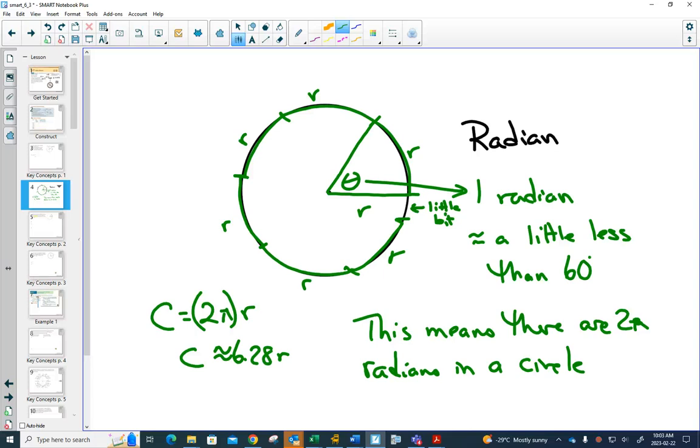Does that make sense? If I can measure 6.28 radiuses around the edge of the circle, and every time I have one of those radiuses around the circle, that would give me 1 radian, then I can say that there are 2 pi radians in the whole circle.